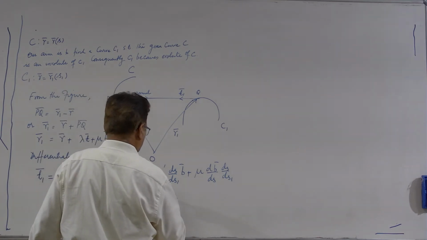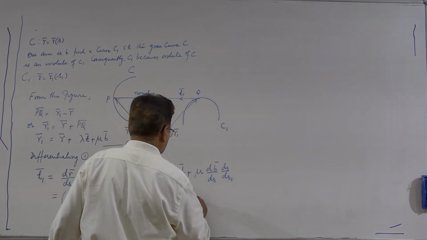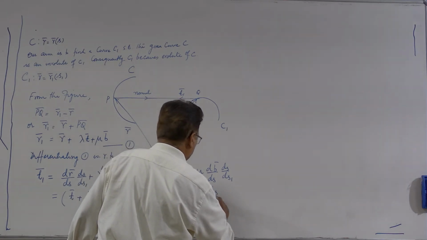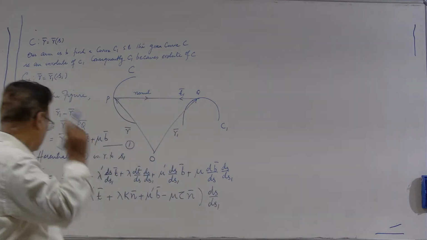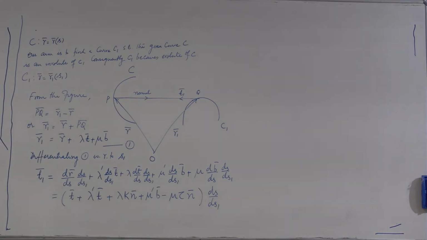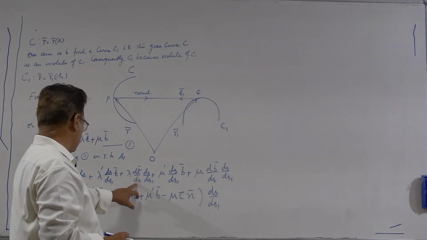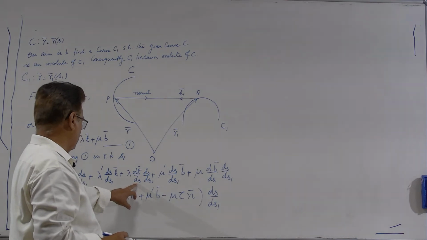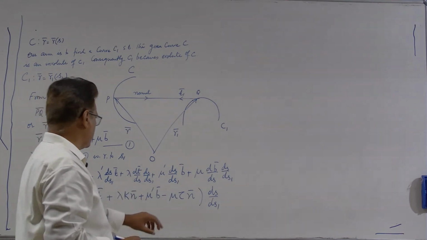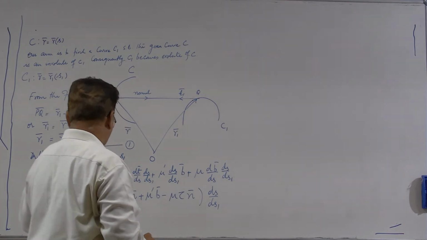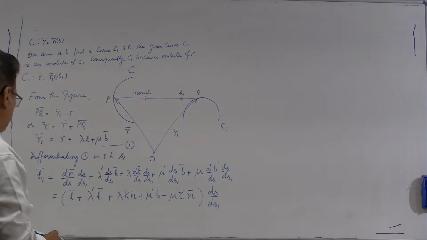So, this is minus tau n, and outside you have ds over ds1. All right. dt over ds is k n, b dash is minus tau n. Is everything fine? I think yes.